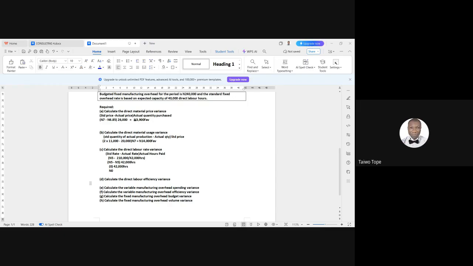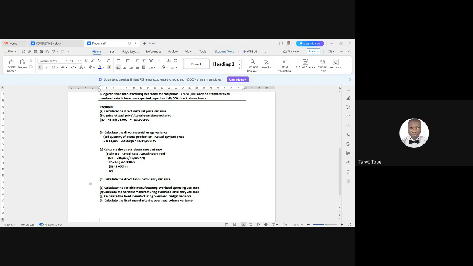So when you put that into computation, when you pick the values from the question, what will be the result? It will be 4 multiplied by 11,000, giving 44,000, minus actual hour worked, which is 42,000.